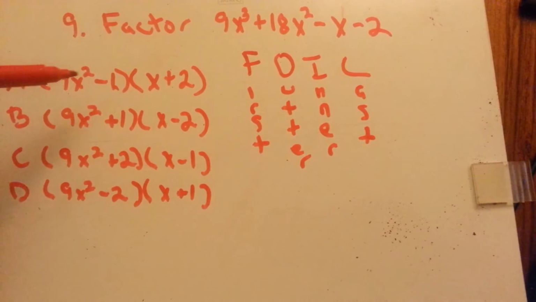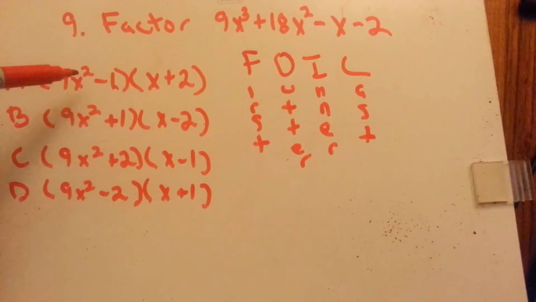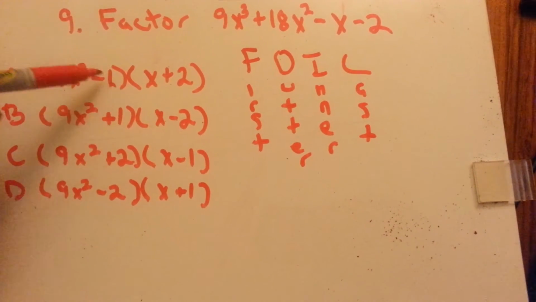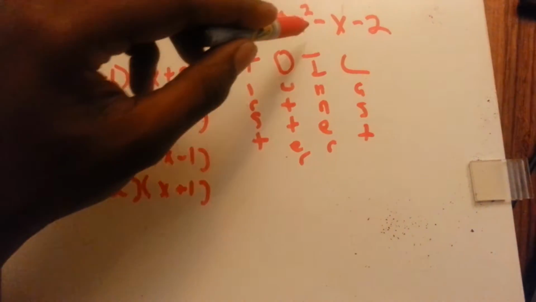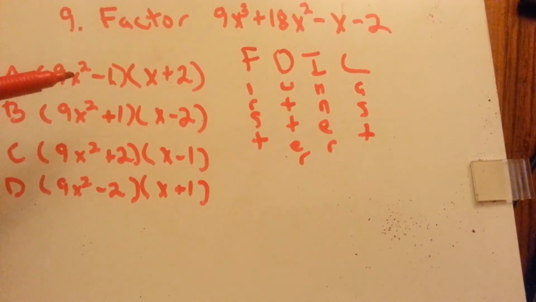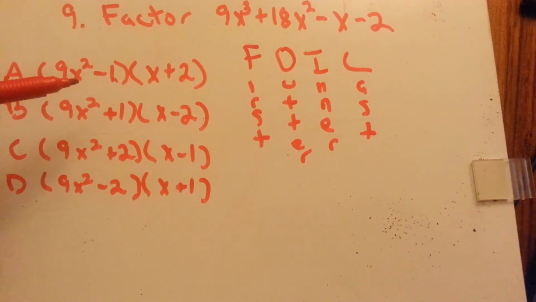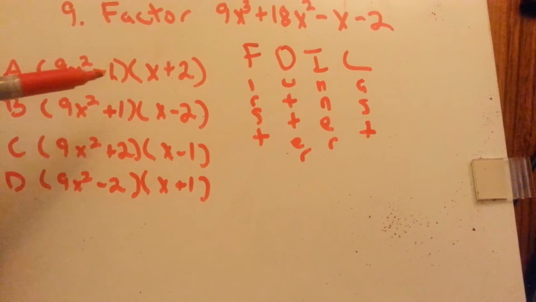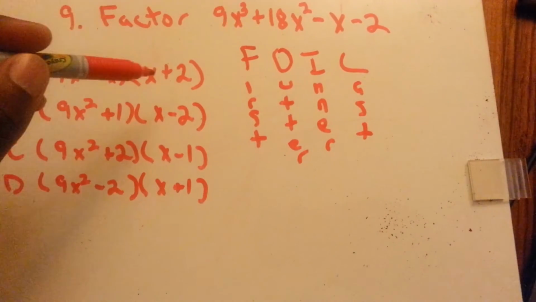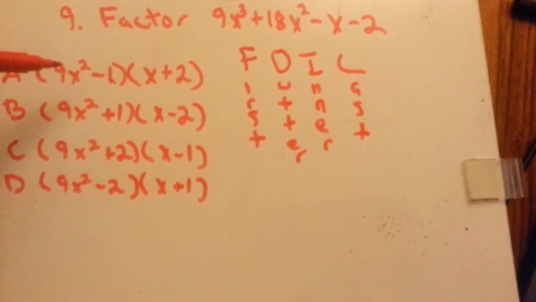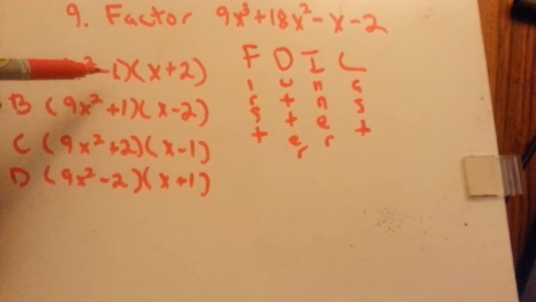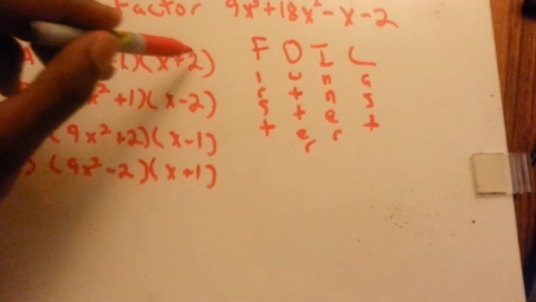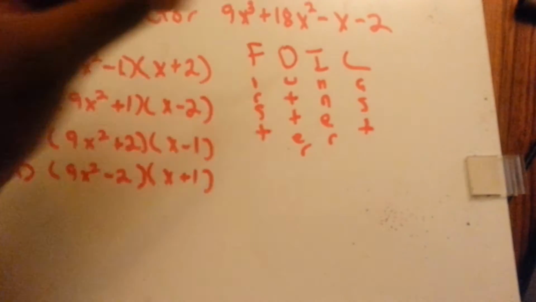Because if you have two positive numbers, a 9x squared plus something and an x plus something else, you're going to end up with positive numbers at the end of your equation. But in order to have a negative, you have to have one positive and one negative. Because if there were two negatives, you would multiply a negative times a negative and end up with a positive.